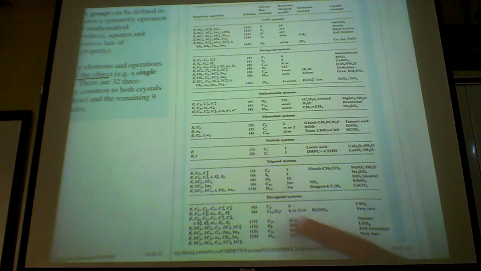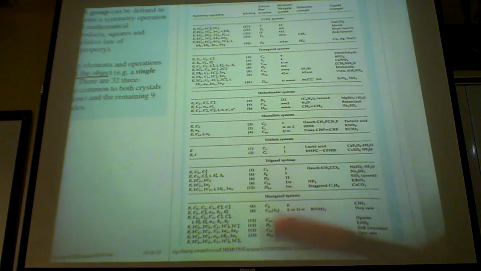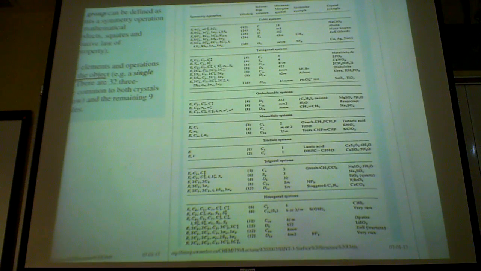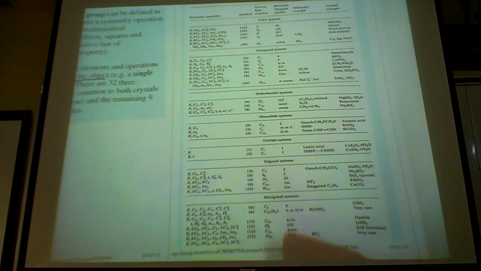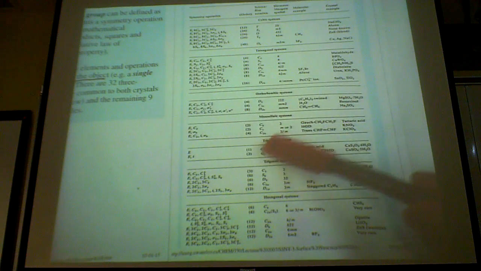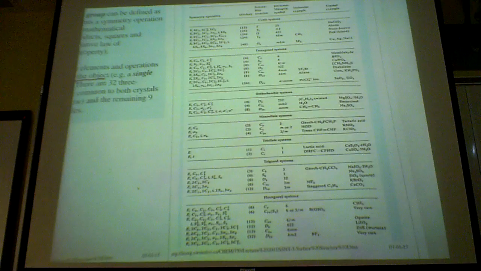So I want you to be aware of the connection between these, and you really don't need to memorize these because it's just for your interest as a way to explain. For example, a C1 group really just has the identity. C1, of course, has essentially no symmetry because you have to rotate 360 degrees to get back to the same point, right?